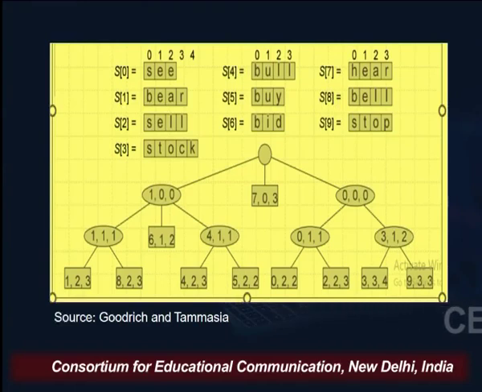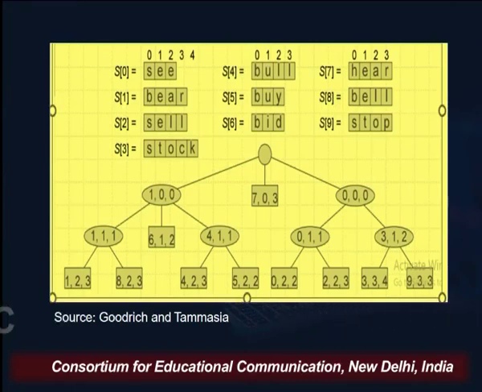So S of 4 starting from 2, which is L, ending at 3, which is L. So that will be bull, LL. So B, then U for 411, and then LL in 423. Then B as 100, U as 411, and then 522. So S of 5 is by, and second character is 2, starting from 2 ending to 2, that means only a single character, which is Y.